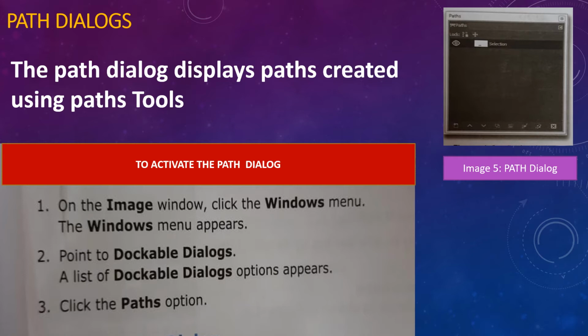You can also lock paths by clicking the lock path strokes icon on the dialog. We can activate the path dialog by clicking the Windows menu on the image window. Then the Windows menu will appear. Point to dockable dialogs. A list of dockable dialogs options appears. Then click the path option.